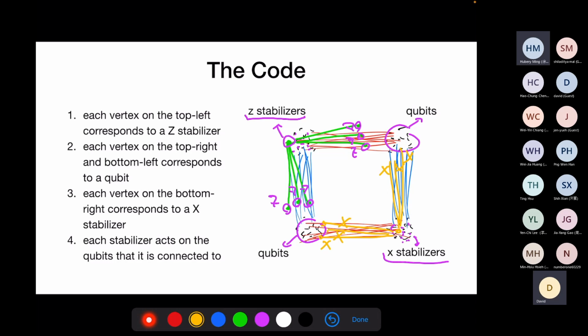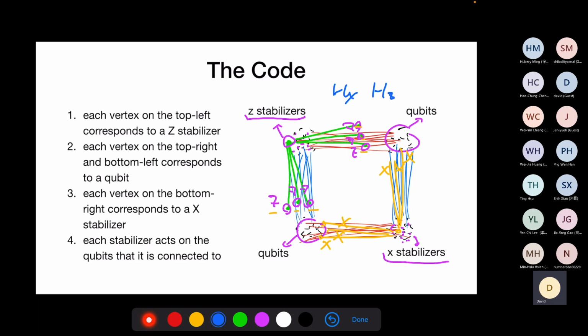The stabilizer will act on the neighboring qubits. So that specifies HX and HZ, which tells you how the stabilizers act.